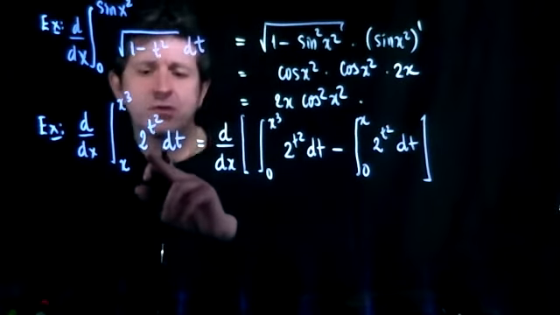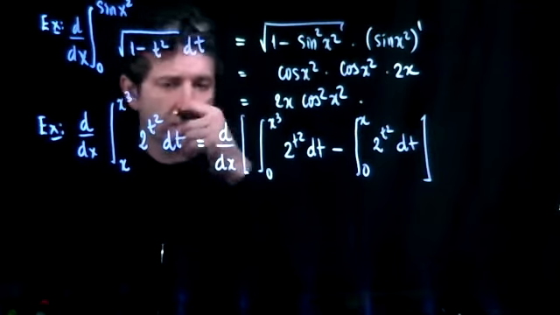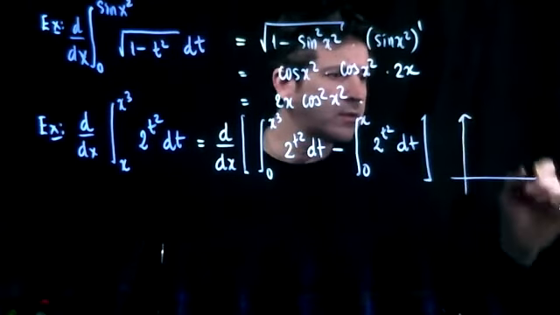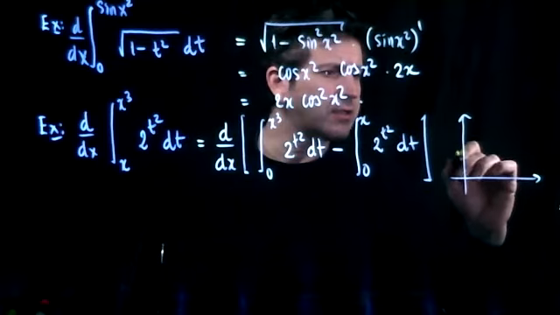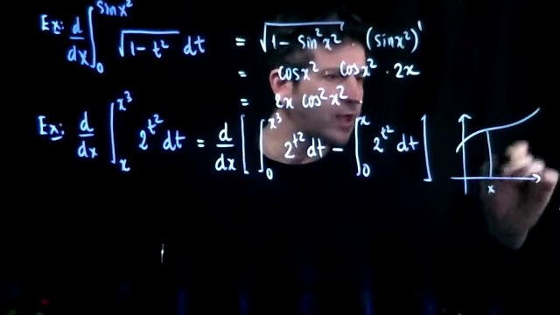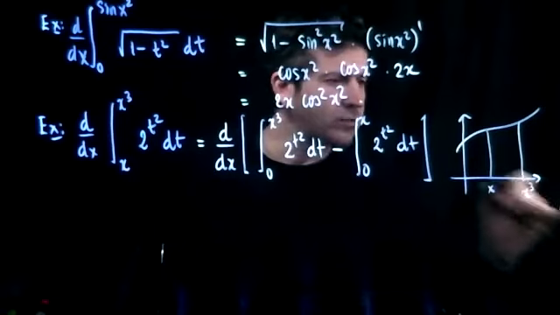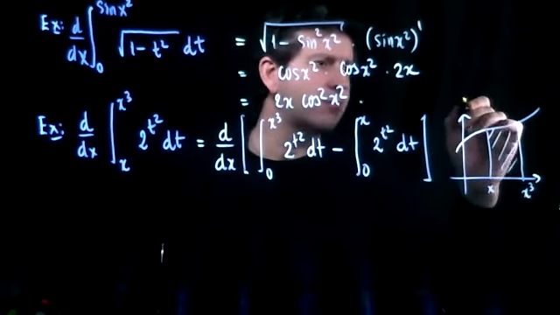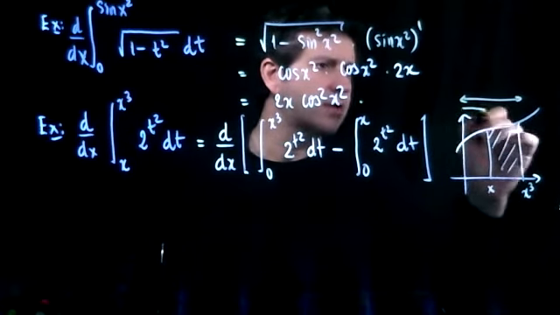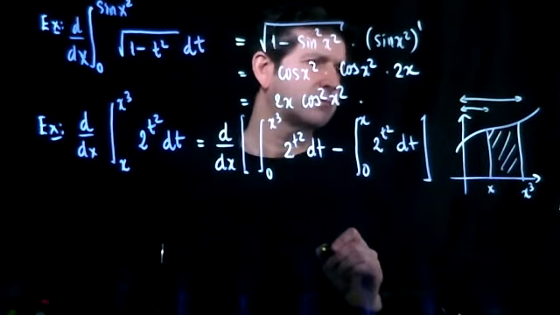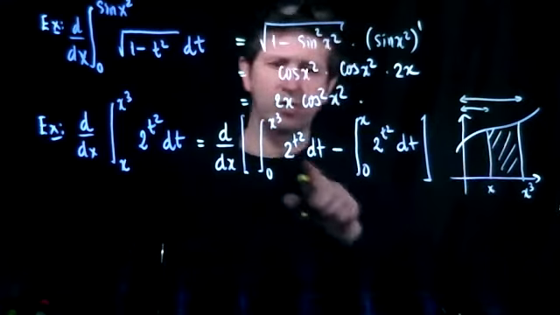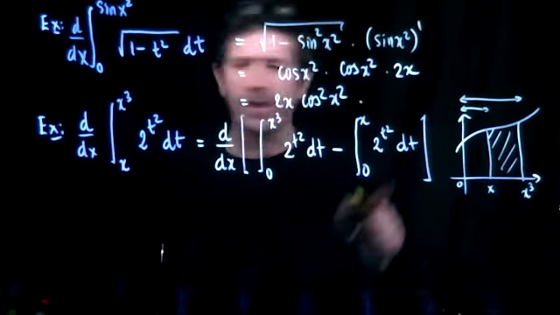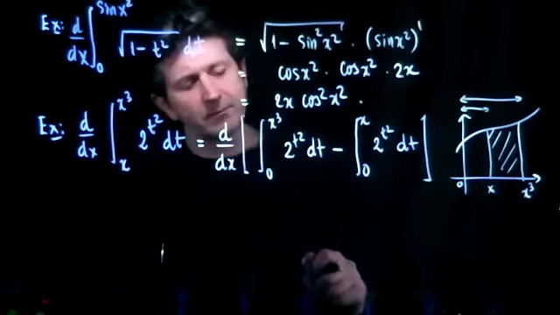Well, it's just understanding that this is an area. Okay, so if I have the area, let me just make a little picture here. So I have the area like this, the function, and I'm looking for the area from x to x cubed, right? I'm looking for this area. Well, I could say it's the area from 0 to x cubed minus the area from 0 to x. That will give me from x to x cubed. Is that okay?